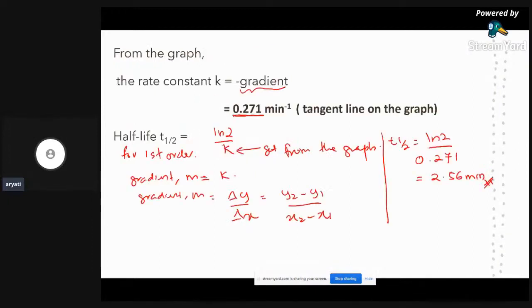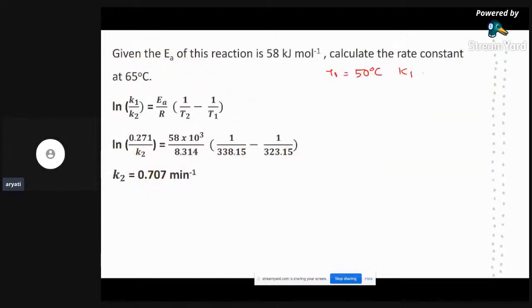So we have already calculated from the previous is 0.271. Okay, T2 is the new temperature, which is 65 degrees. So we want to calculate the value for K2.